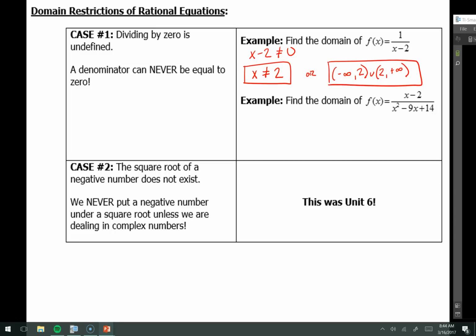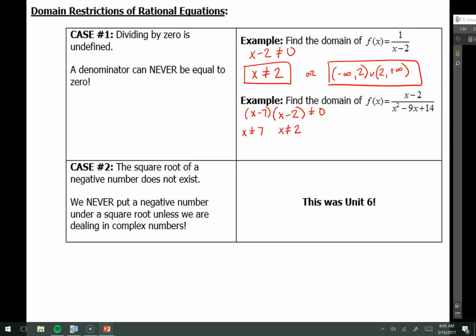Another example of this is if you have this denominator, x squared minus 9x plus 14, we first need to factor that. It factors to x minus 7 times x minus 2, which means if this is not allowed to equal 0, because that would give us a denominator that equals 0, x is not allowed to equal 7, and x is not allowed to equal 2.